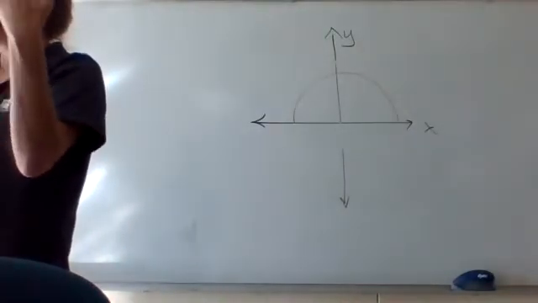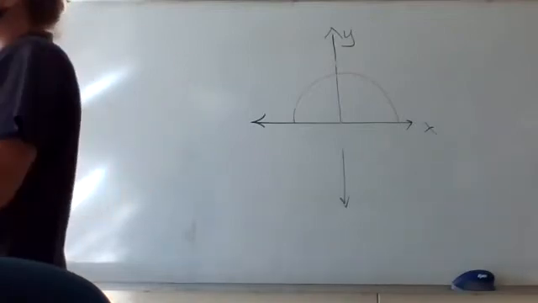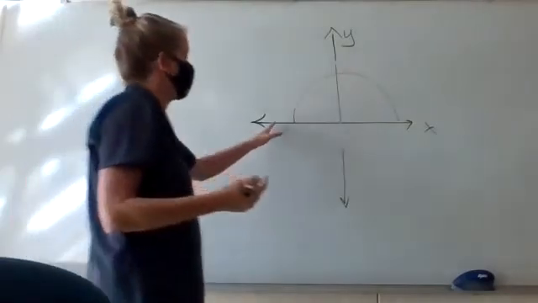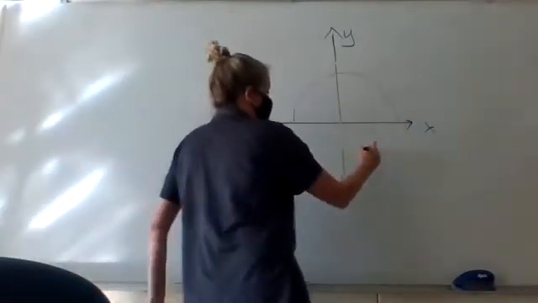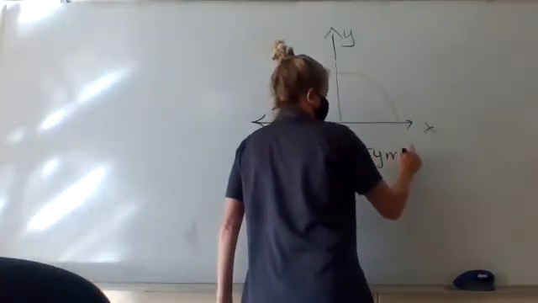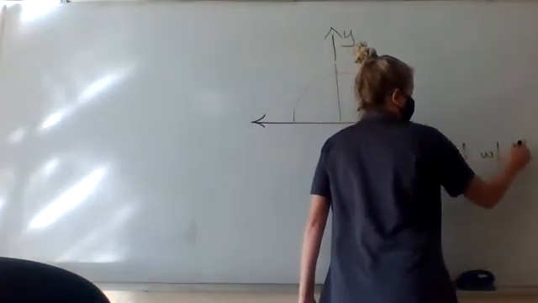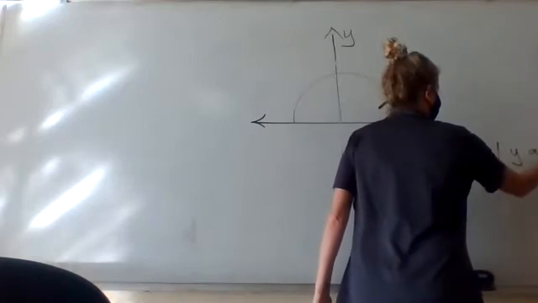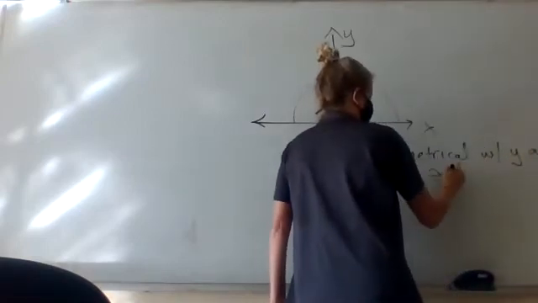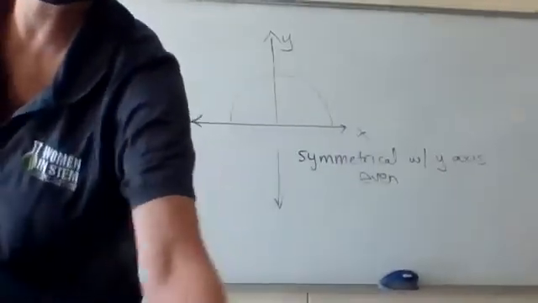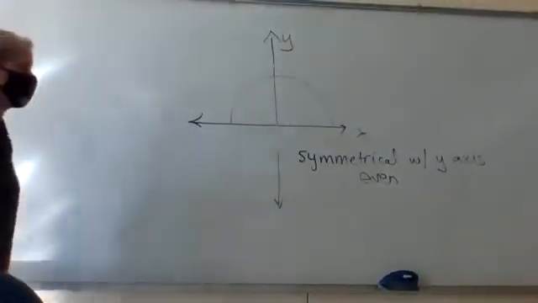They're the same, or supposed to be. My drawing is not exact, but if you're looking at your review, it is exact. It is symmetrical with the y-axis, which means it is even. So the answer to that problem is that it is an even function.